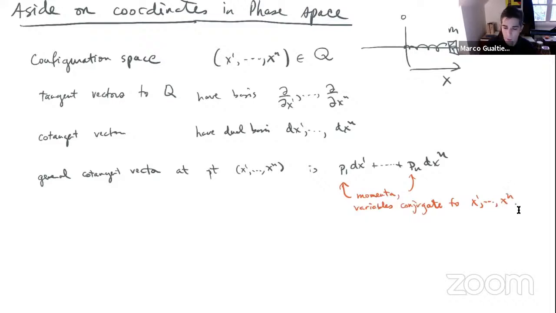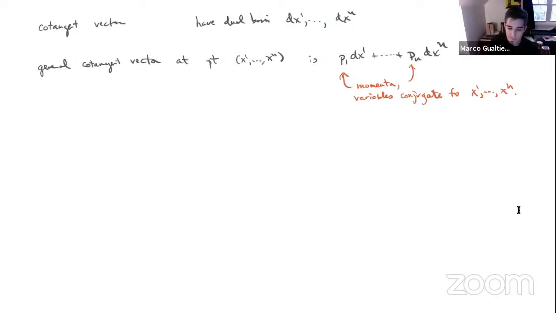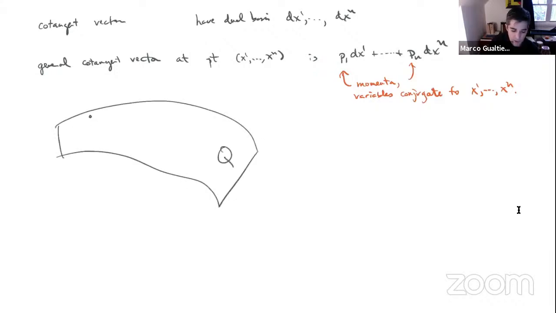Okay, so what I'm trying to say here is that these are variables on a different space than the x's. These are variables which parameterize the different dual vectors to a point. So for example, you should think that we have some space Q. We have a point which has coordinates x1 up to xn, and we have a tangent space which has a basis d by dx1 up to d by dxn.